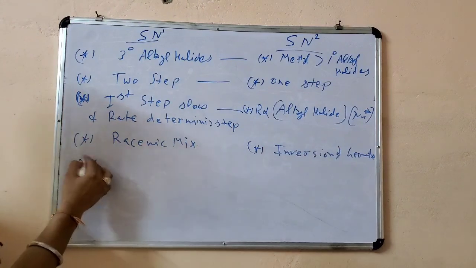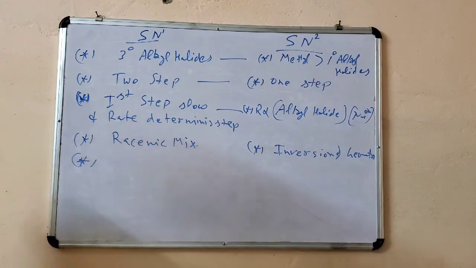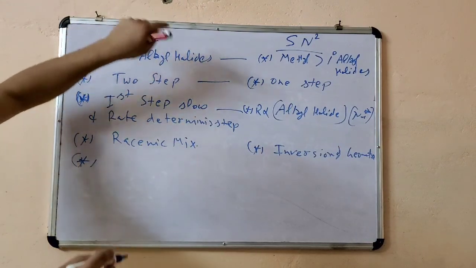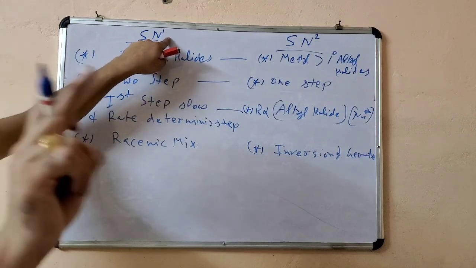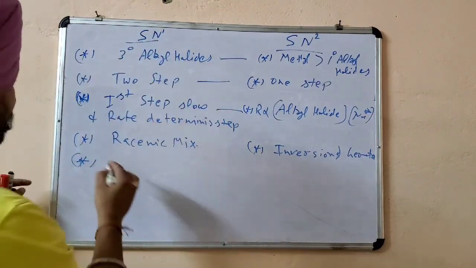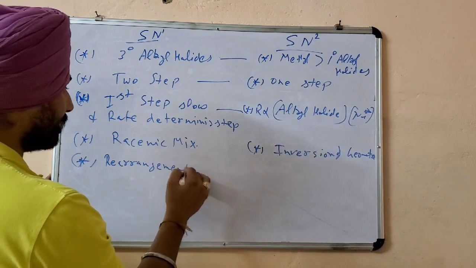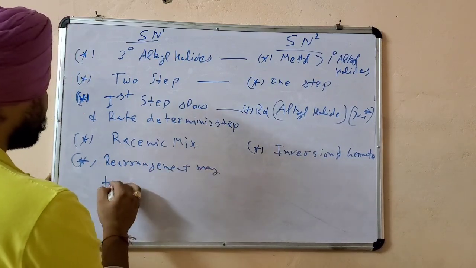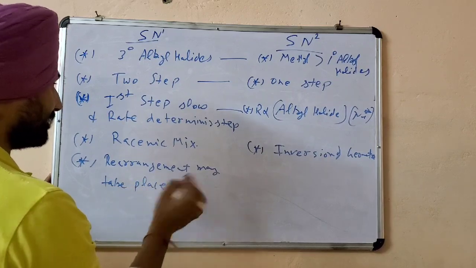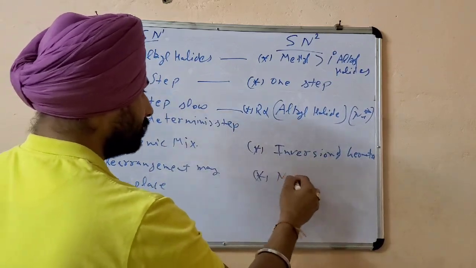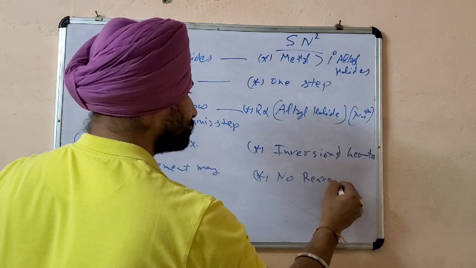The next big difference between these two is that in the SN1 mechanism, rearrangement may take place. How may rearrangement take place? Here in SN2, no rearrangement.